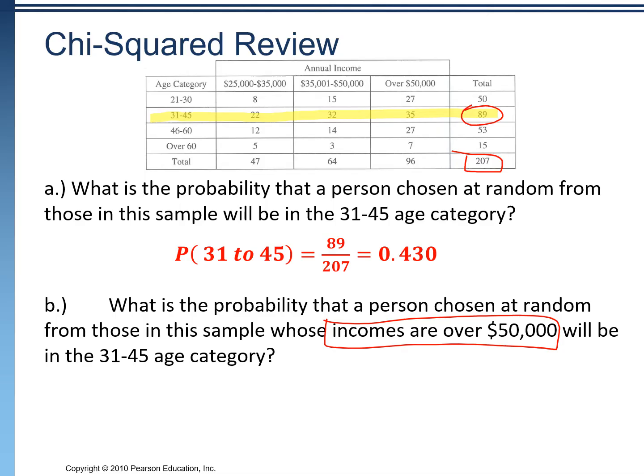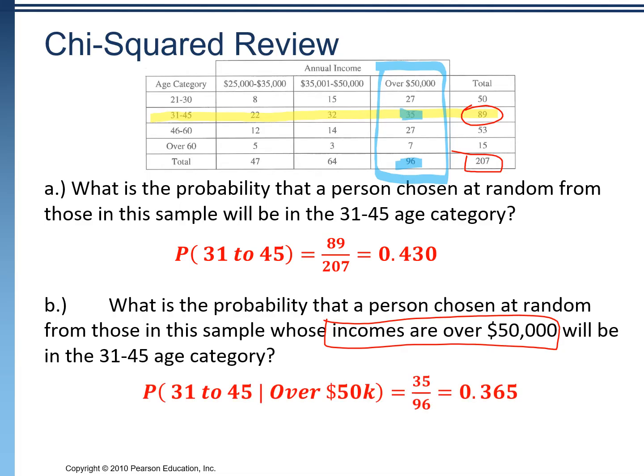So for this problem, instead of looking at all 207 people in this table, we are looking at this row, just the people who make over 50,000. There's 96 people in this row in total, and of those 96, 35 are in that age group. Right, so 35 over 96 would be our fraction, giving us 36.5%.